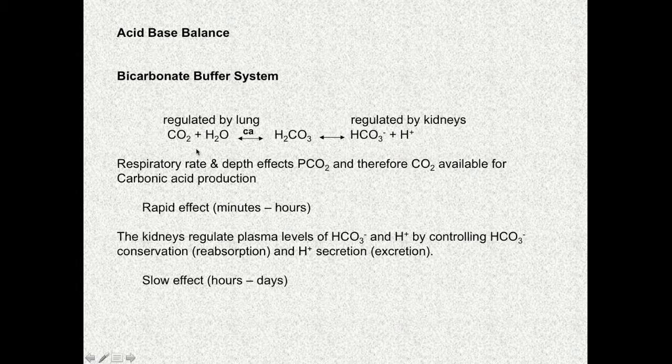For example, starting from carbon dioxide and moving to the right, if carbon dioxide levels are high, which is what we see in things like venous blood, rising carbon dioxide will promote the formation of carbonic acid and promote the formation of bicarbonate and hydrogen ions.